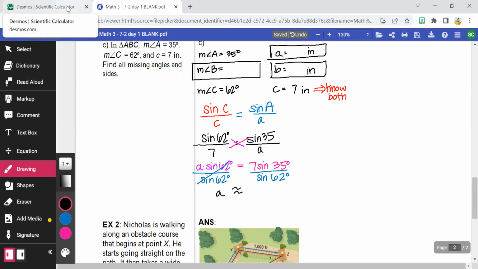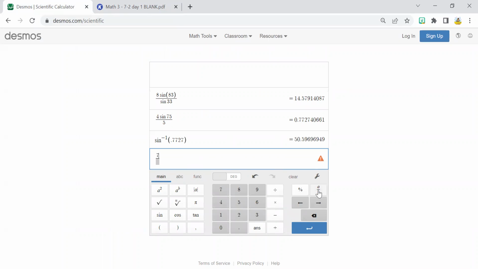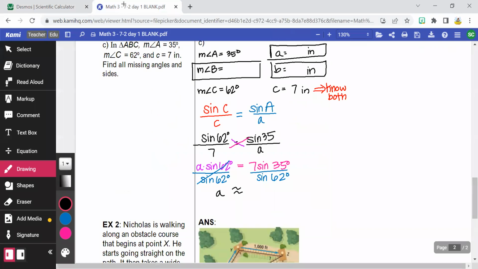So let's calculate 7 times sine of 35 over sine of 62. Okay, so that means that side A, if I round 4.54, is just going to round to 4.5. So A is approximately 4.5. So we've got our first answer: A is 4.5 inches.